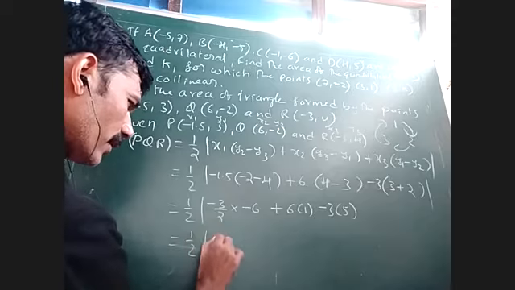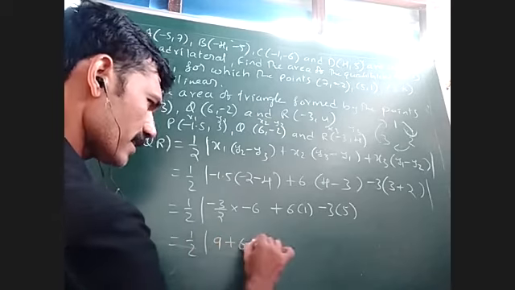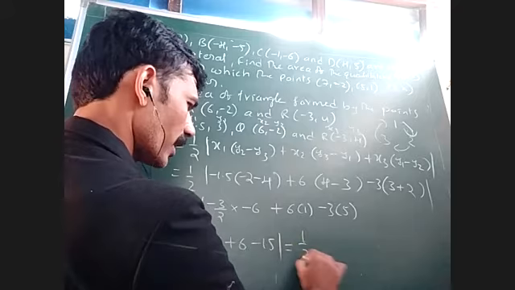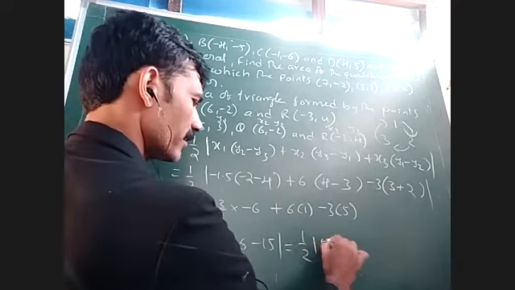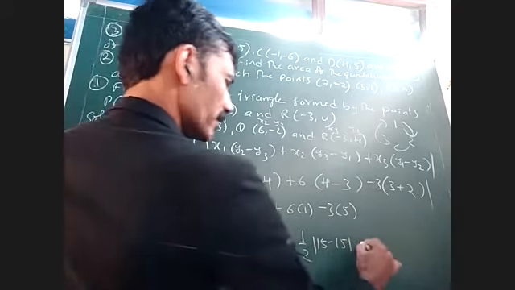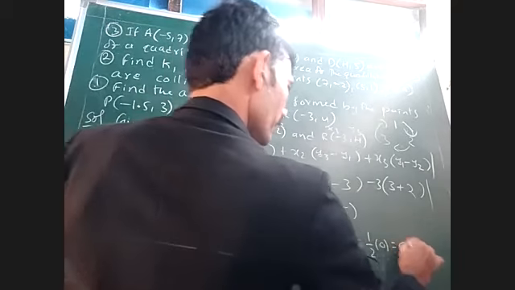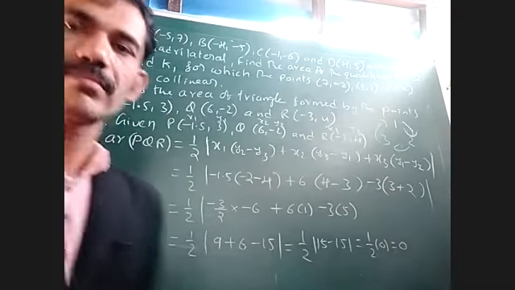So 9 plus 6 minus 15, equal to half of 9 plus 6, 15. 15 minus 15 is 0. Half of 0 is 0 only. So the area of the triangle is 0.